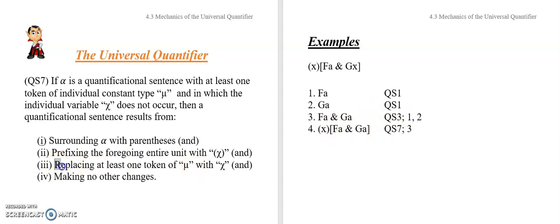But remember, we have to replace at least one token of the individual constant that appears here. There's only one of them, A, with the individual variable we've used, which in this case is x. And since I have my pick, I could do it to either the F or the G. But the sentence that I'm trying to build wants it on the G here, so I'm going to replace it there.